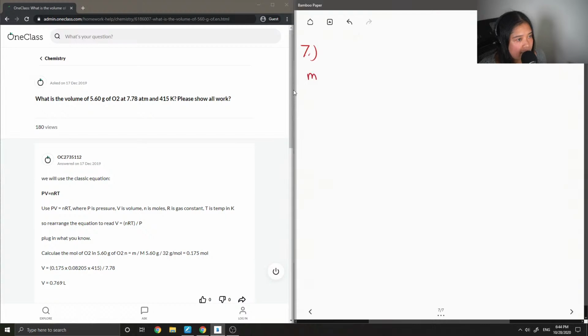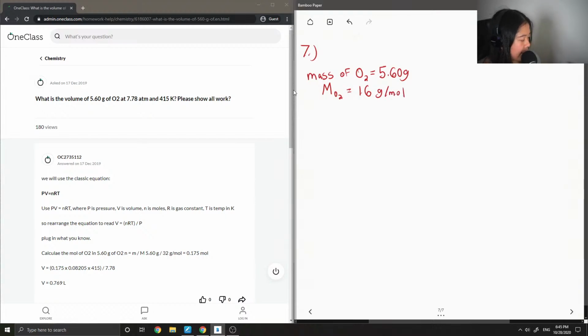We know the mass of oxygen, and it is 5.60 grams. I'm actually also going to write the molar mass of oxygen, which is 16 grams per mole.